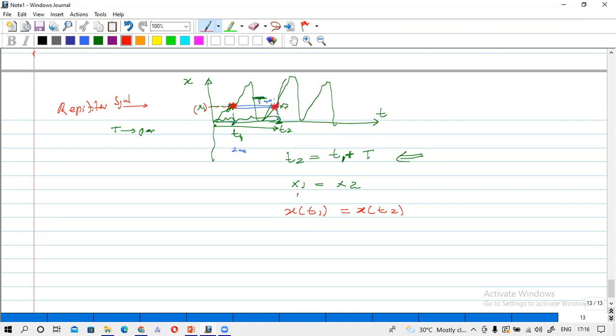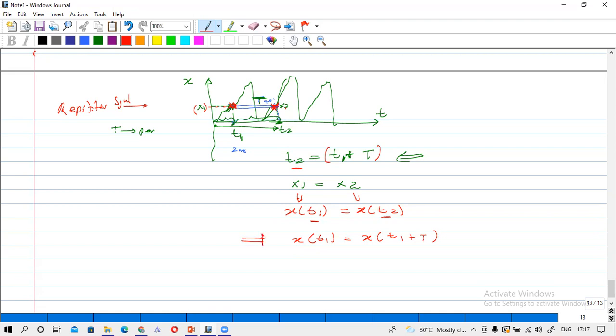So this is X1, the value of X at T1, and this is X2, the value of X at T2. Correct? X(T1) is equal to X(T2). The T2 can be written as T1 plus T. So I can write like this: X(T1) is equal to X(T1 plus T). Correct?